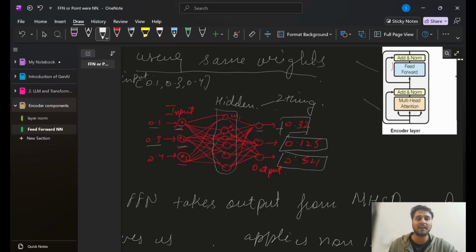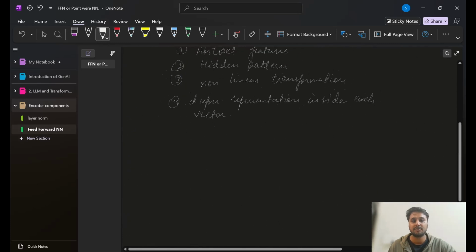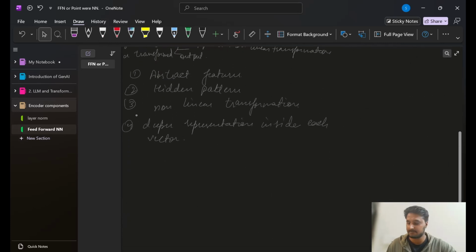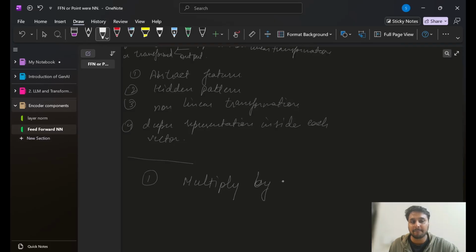First, I want to tell you what two things are happening inside each neuron of the hidden layer. So what are the two operations? The first operation in the hidden layer is multiplying by weights and addition of bias.